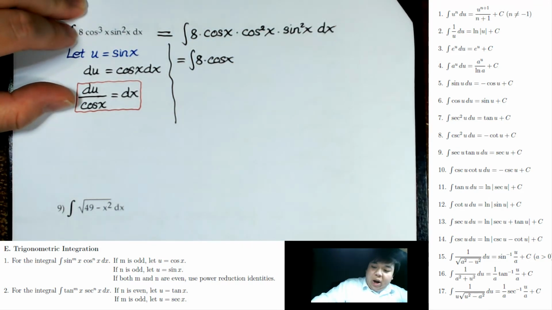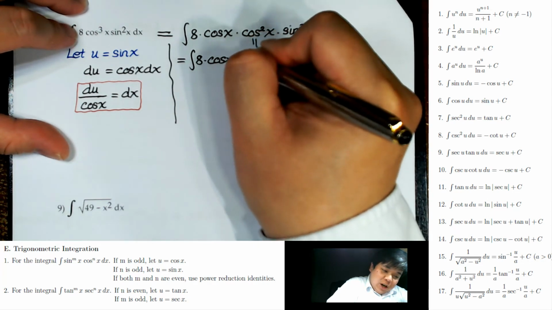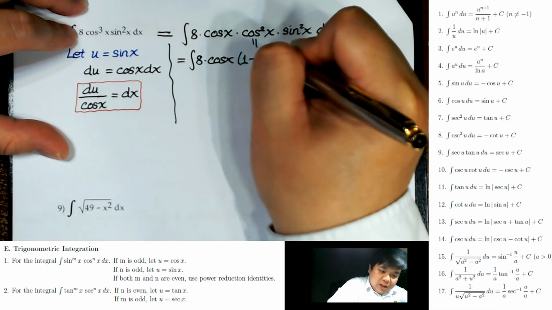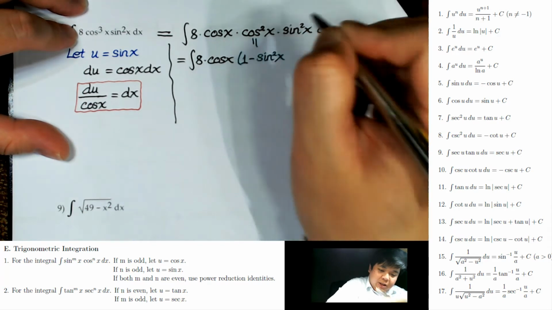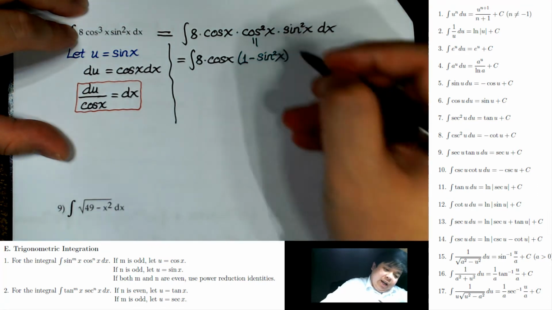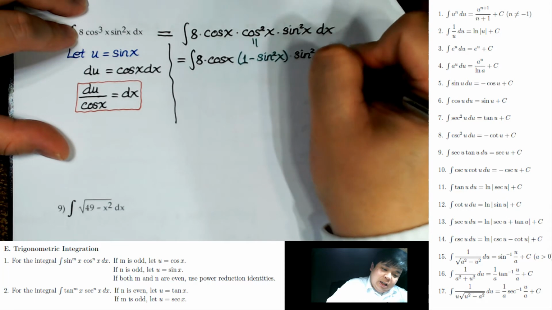The cosine squared here, we use the identity: this equals 1 minus sine squared x. And then we have sine squared x dx.